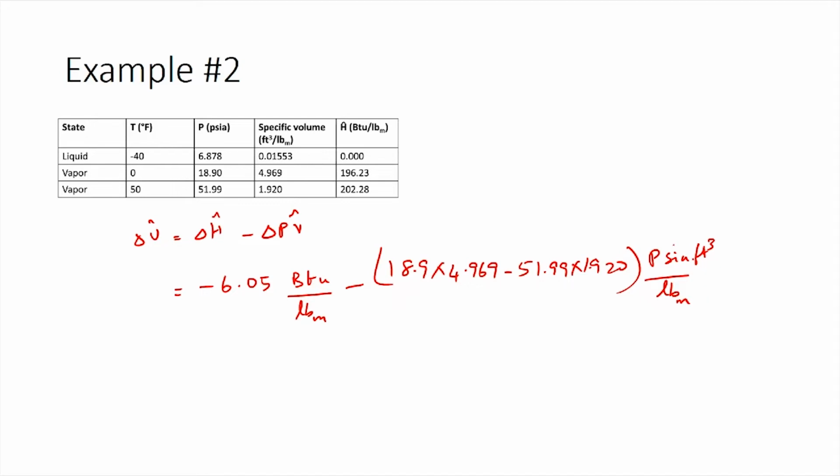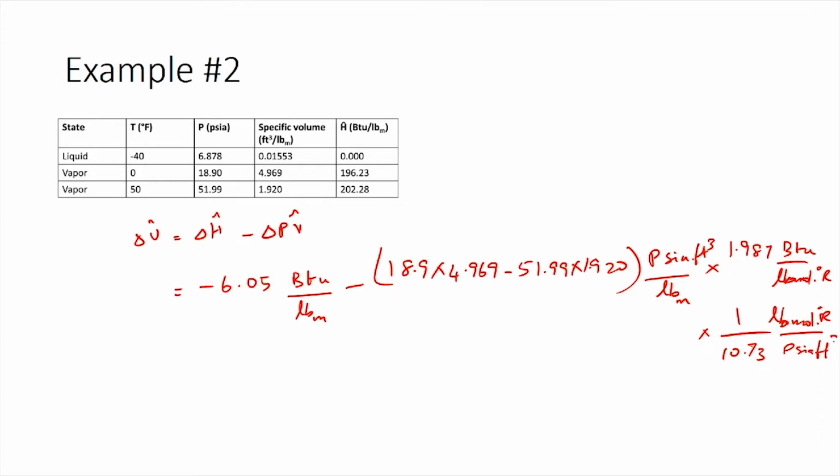So, now we are converting this value into BTU using the universal gas constants, which would be 1.987 BTU per pound moles degree Rankine divided by 10.73 PSIA feet cube per pound moles degree Rankine.